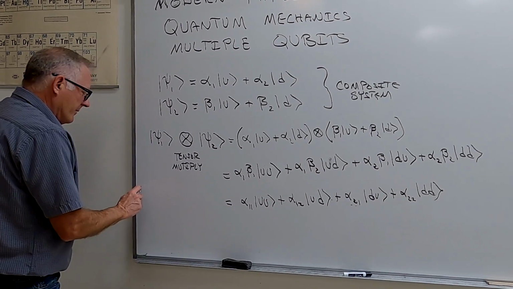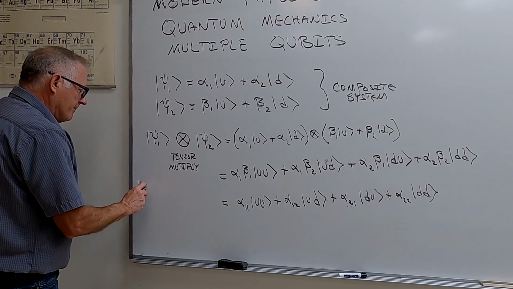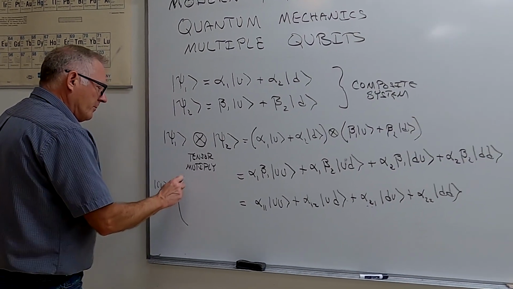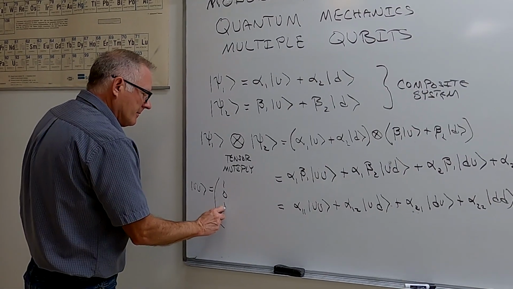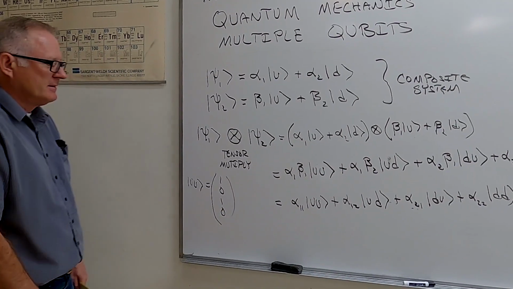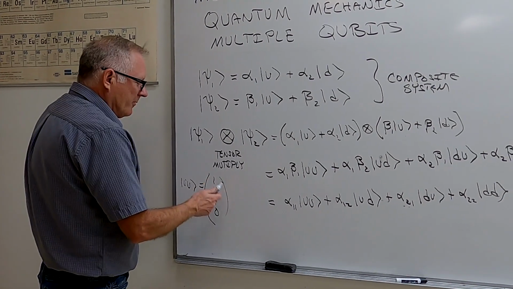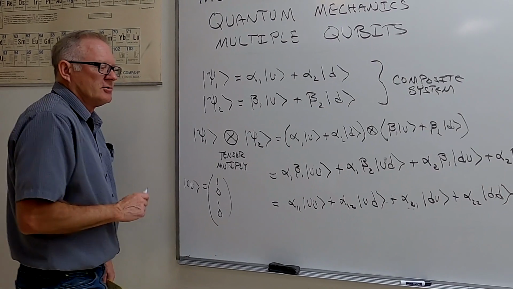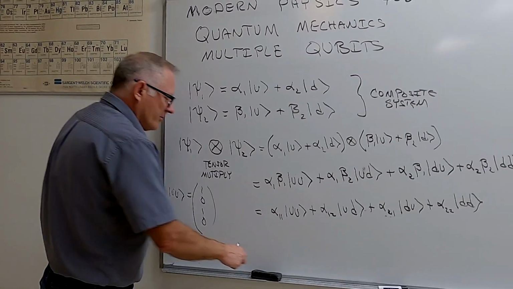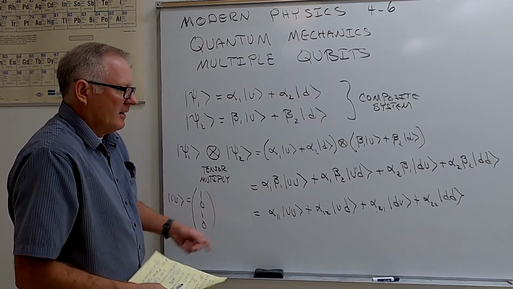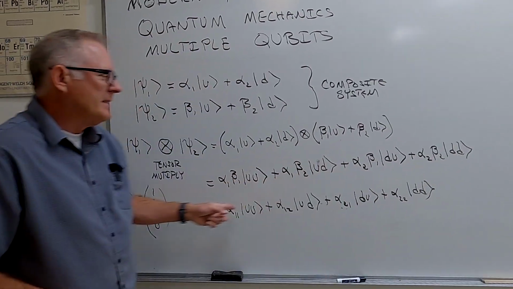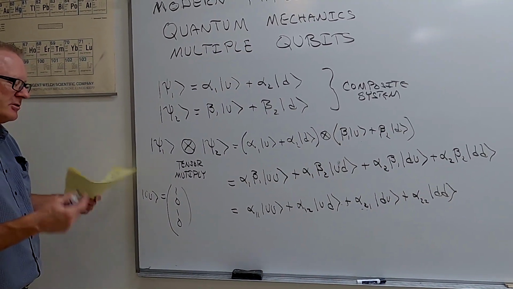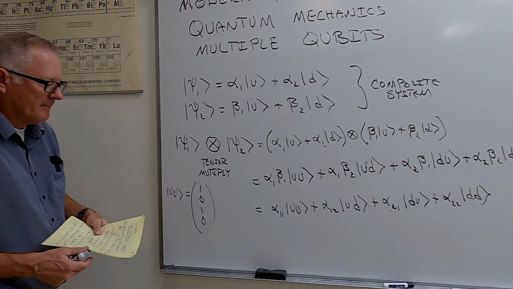What would up, up look like? There's my first up, there's my second up, you see? So up, down would be 0, 1, 0, 0, and so on right here. So this is now a 4-dimensional space. When you tensor multiply, you're making the space bigger.